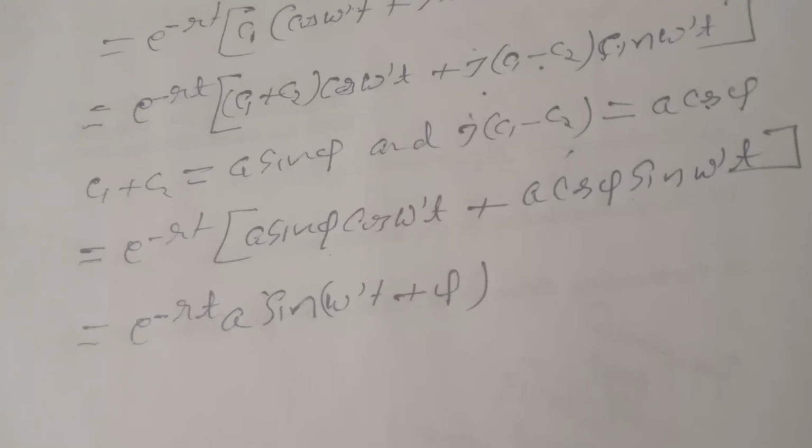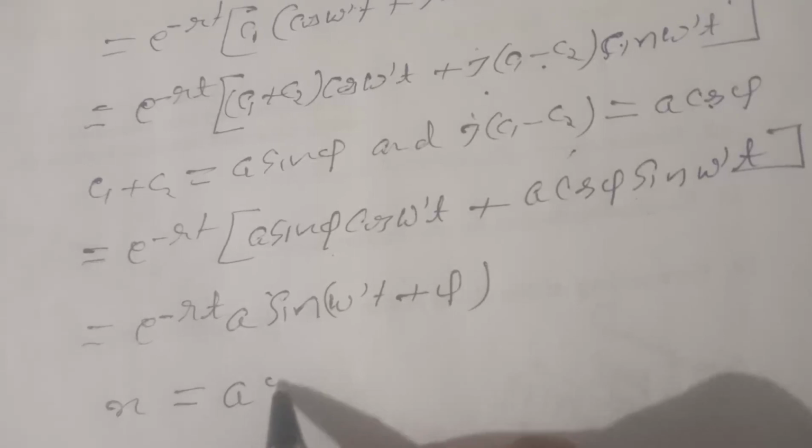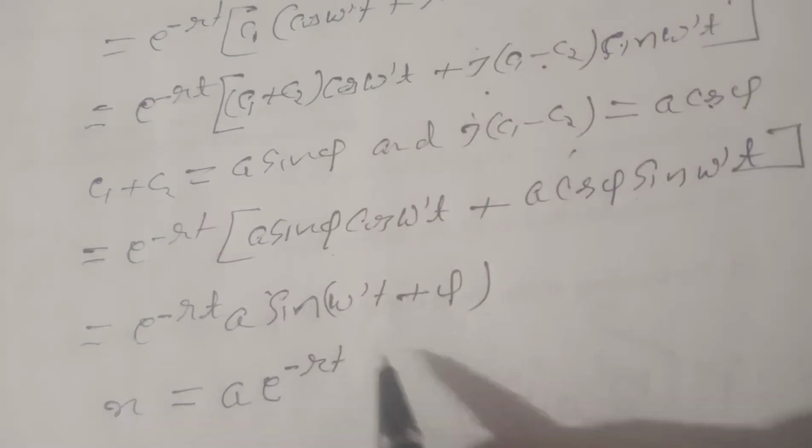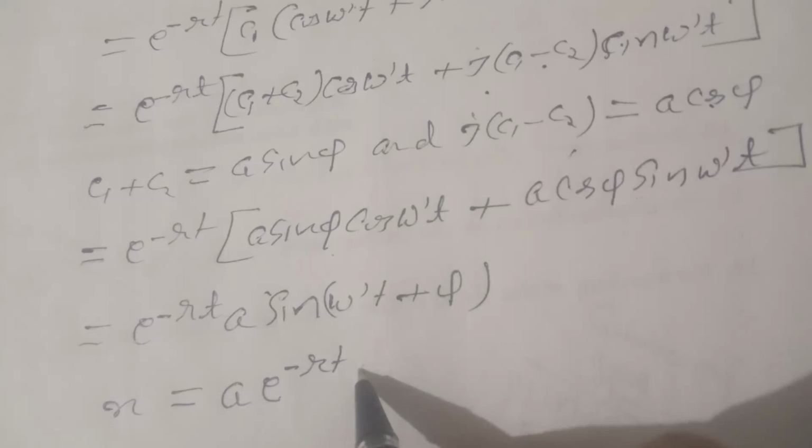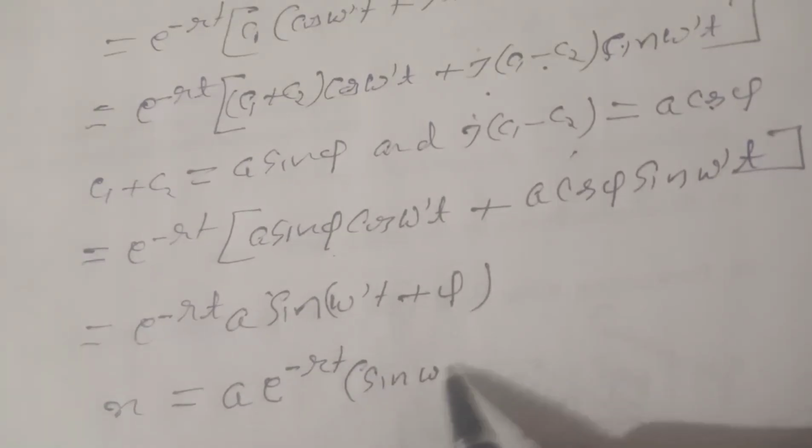So the final solution will be x equals a into e to the power minus rt sin omega dash t plus phi.